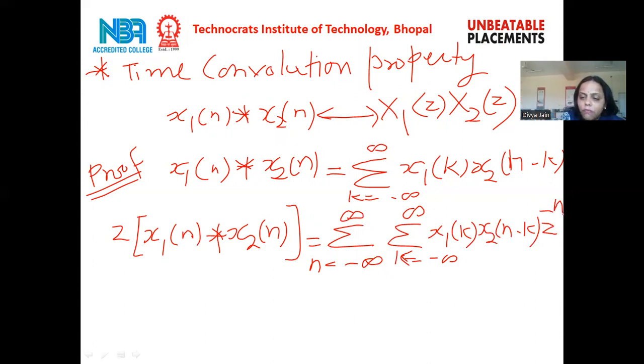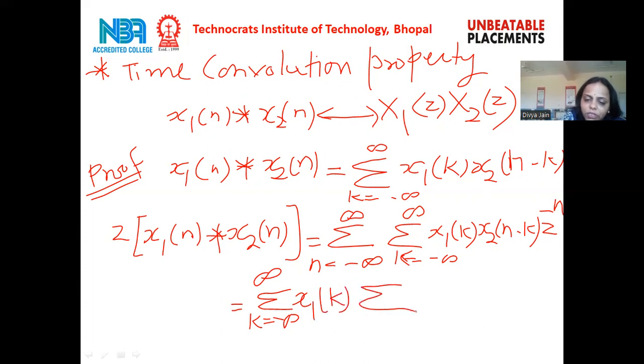So first we just rearrange the equation. Take summation k equals minus infinity to infinity, take x1[k] outside, and take the summation n equals minus infinity to infinity x2[n minus k] z to the power minus n.